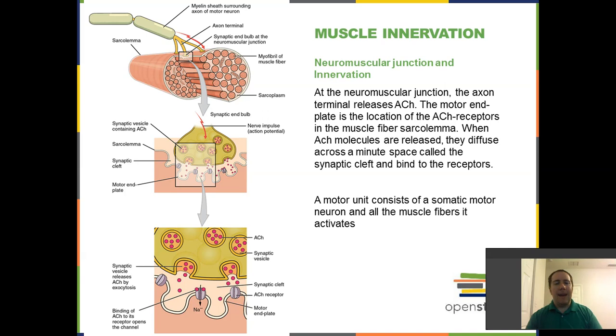And so, an action potential comes down this axon. When it reaches the end of the axon, it causes the neurotransmitter, which in this case is acetylcholine, to be released into the synapse. That neurotransmitter, that acetylcholine, then floats across the synapse, and it is going to bind to receptors on the muscle.